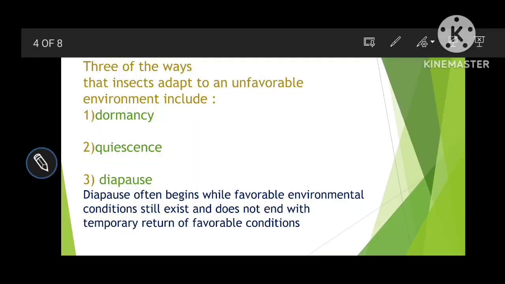Diapause often begins while favorable environmental conditions still exist and does not end with a temporary return of favorable conditions.